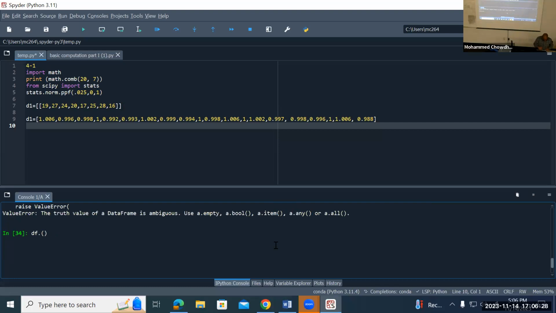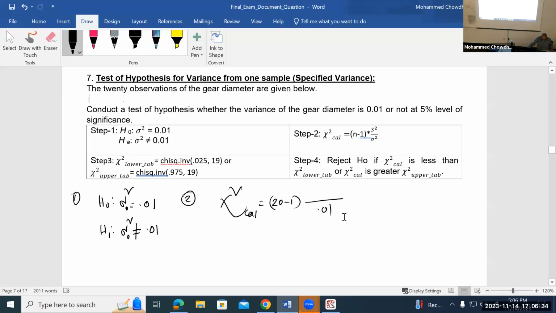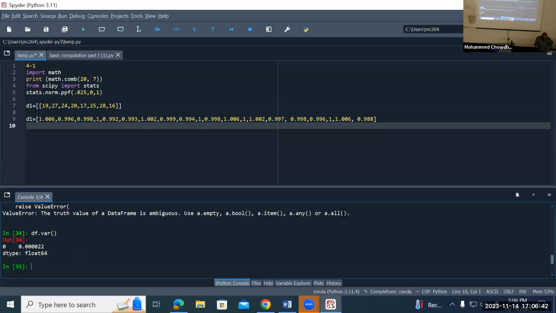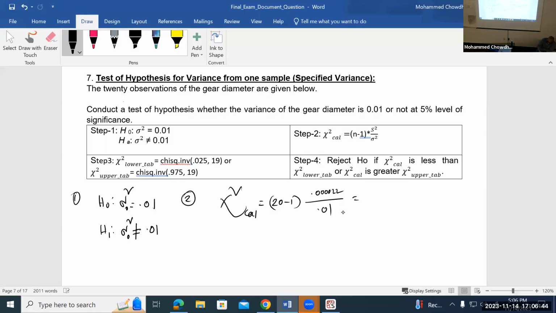Var equal to 0.00, that is equal to 0.000022, I guess. 22, I guess. Could you tell me what is this number, please?